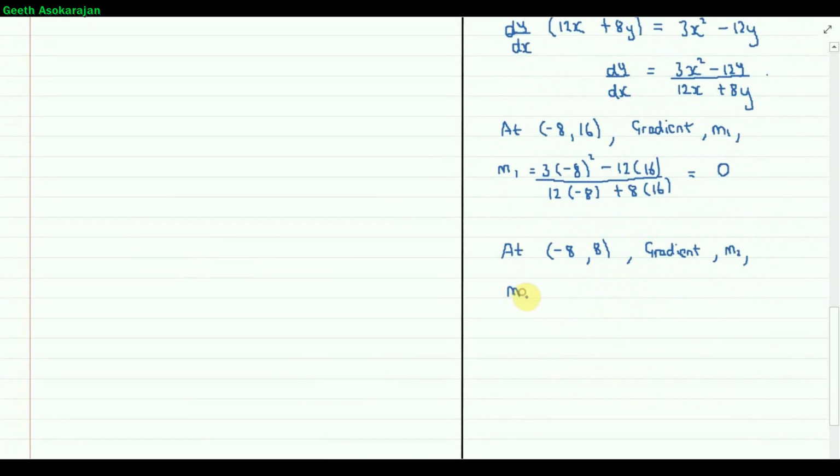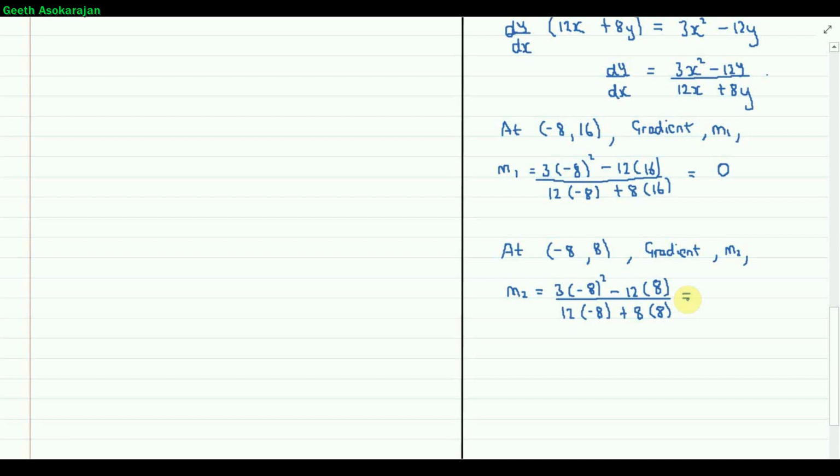So m2 is going to be, doing the replacement, 3 into minus 8 squared minus the 12 into, and the y in this case is 8, so 8, all divided by, and below we got 12 into x, which is minus 8, plus 8 into y, and y is plus 8.